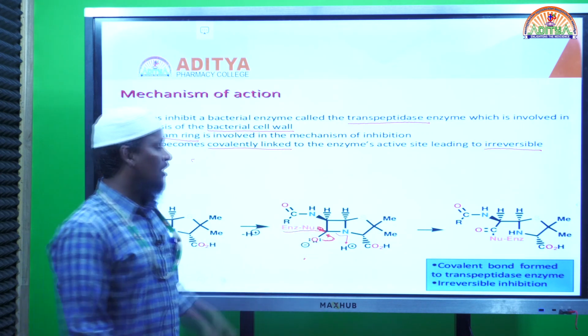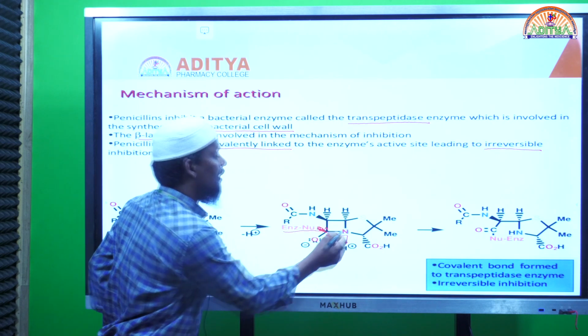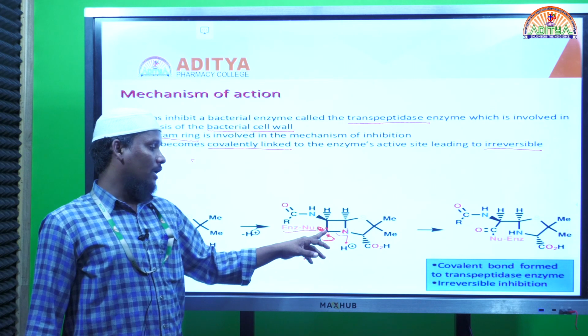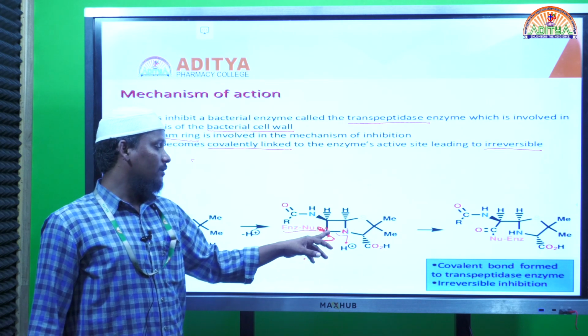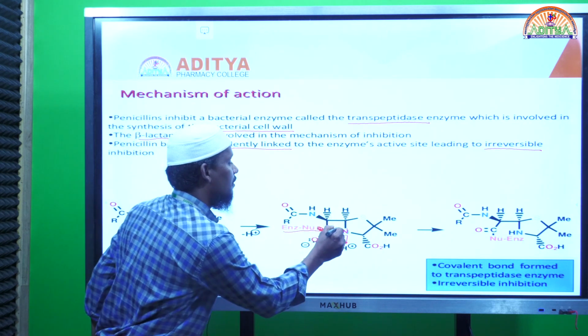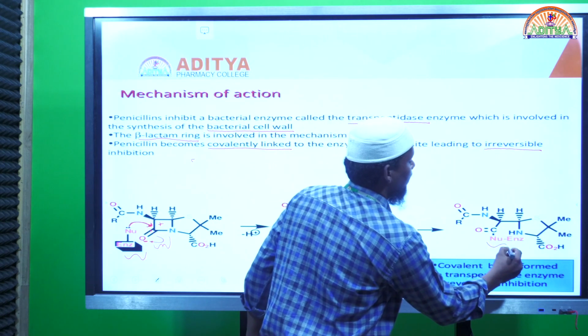To neutralize this charge, the bond between the carbon and nitrogen breaks down. Okay, this is the main point. So to neutralize the carbon, the bond between the carbon and nitrogen breaks down. So here the chain gets opened.